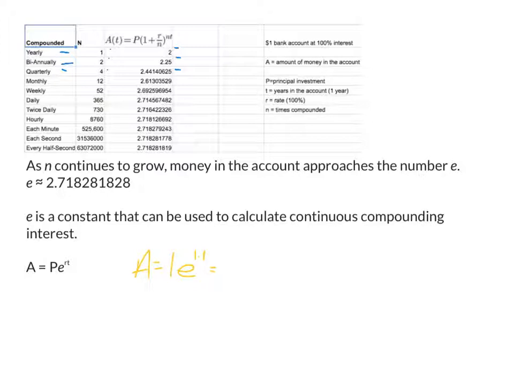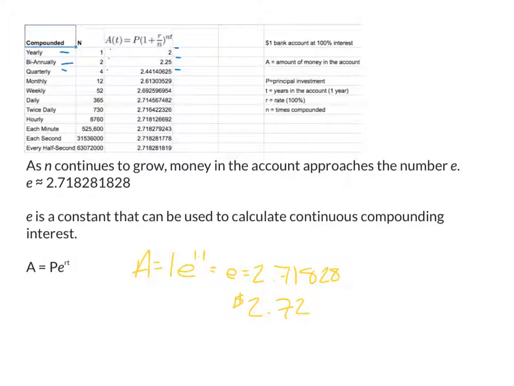And so really it's 1 times e to the first, or it's just the same as e, or our 2.71828, and so on, or rather $2.72. So if we compound continuously, that's going to get us our best value of $2.72.